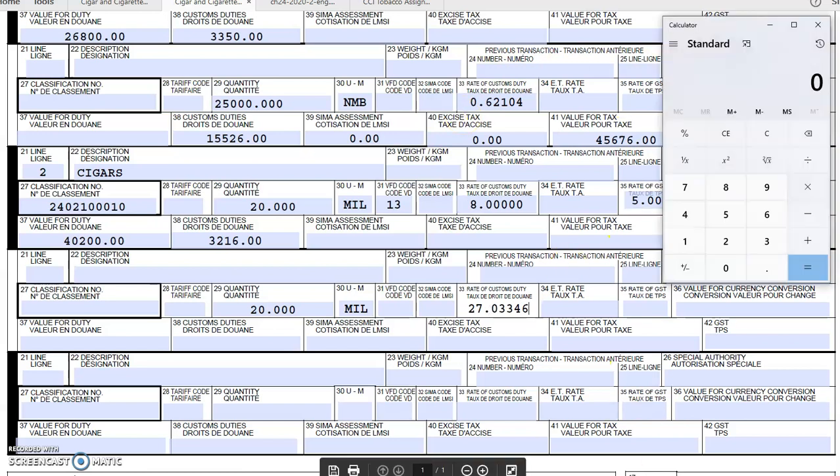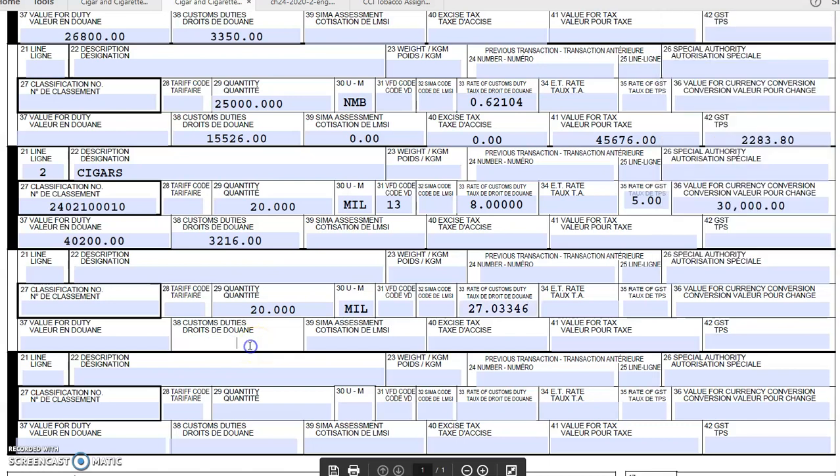And to figure out the excise duty, 27.03346 times 20 means we have $540.67 duty. We stop right there because now we need to go to the third line with a special assessment.